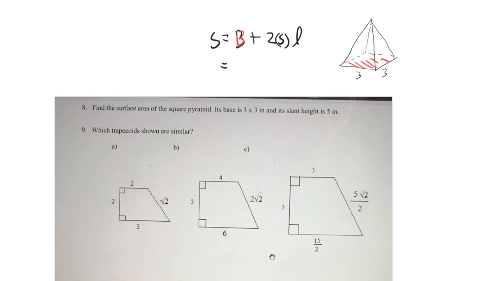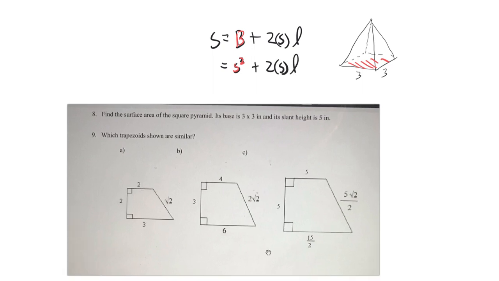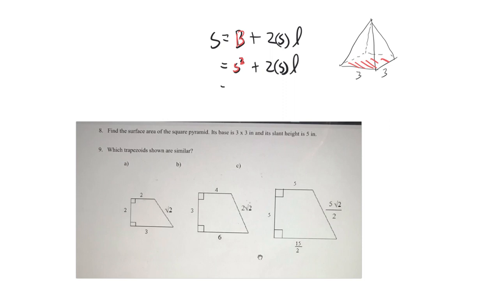Now, the area of a square is side times side, so we could say it's side squared here, because that's the area of the base. So then it's going to be 2 times whatever the side length is times whatever the slant height is. So then the side length is clearly 3, so we're looking at 3 squared plus 2 times 3 times the slant height, which happens to be 5. So we're looking at 9 plus 30, aka 39, and that's how you do that one.